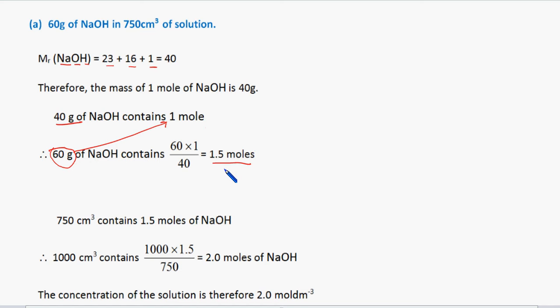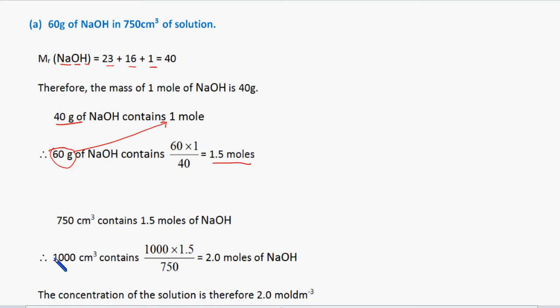Notice the first thing we had to do is find out how many moles are present in 60 grams of the sodium hydroxide. Now, 60 grams was dissolved in 750 cm cube. So 750 cm cube contains 1.5 moles of sodium hydroxide.